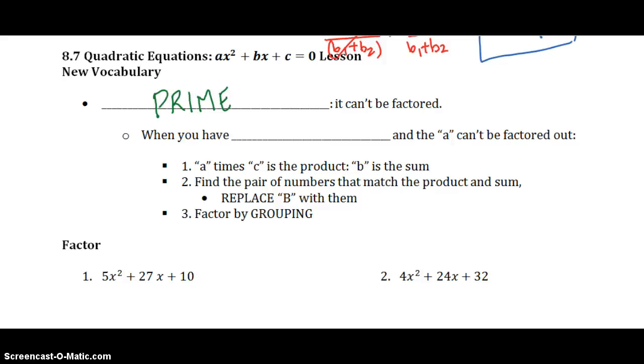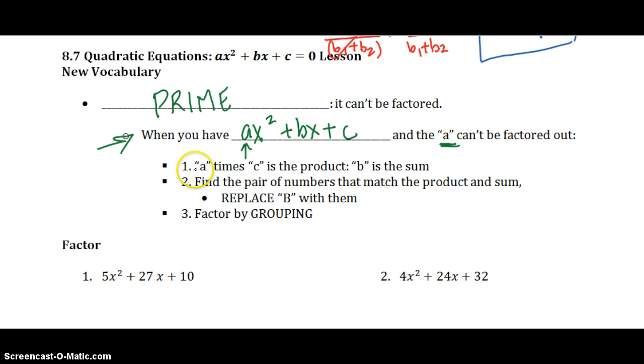When you have ax squared plus bx plus c, which is what we've been dealing with, what's new about 8.7 is the a here cannot be factored out. When we take out the greatest common factor, we're still going to have a number besides 1 as our a. So this is really the new challenge for us today.